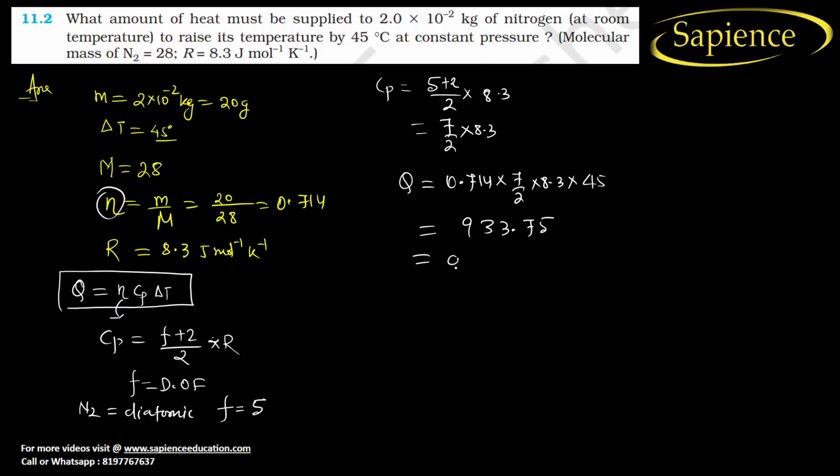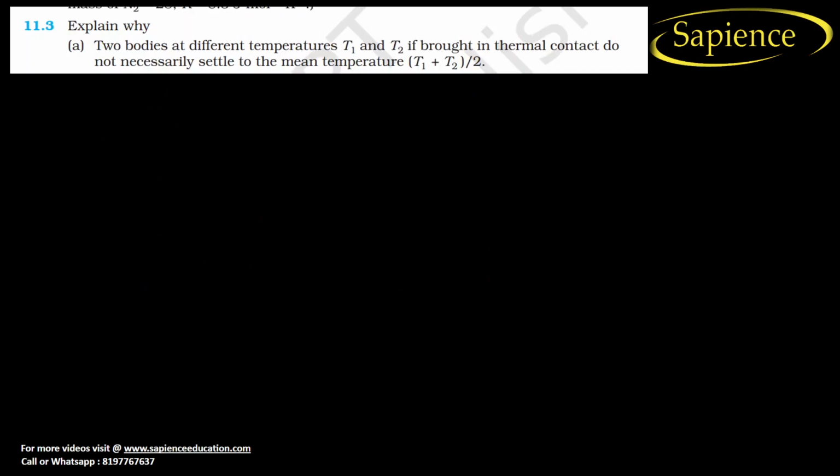So this will be approximately equal to 934 joule of heat. We can get this answer. So I hope you have understood this question. Any one of them you can write. So the approximate value will be 934 joule. Now let us do question number 3.